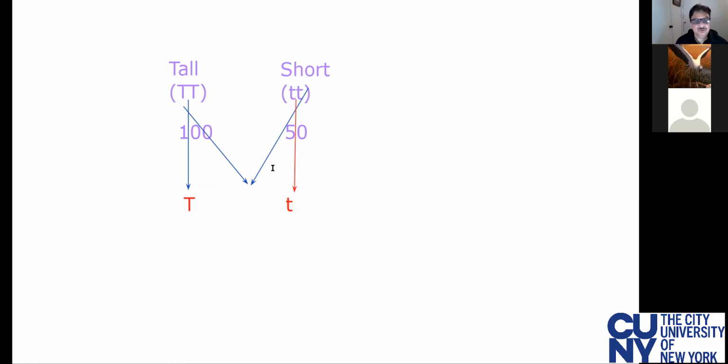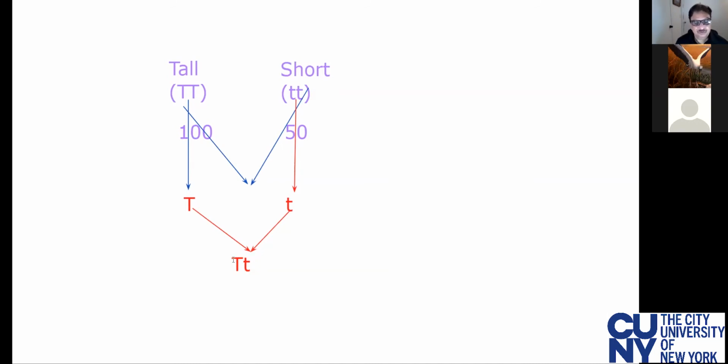Now when these two gametes, the pollen grain and the ovary, cross, it will give rise to a plant with the genotype big T and small t, right? So the tall and short plants underwent meiosis to give rise to gametes. These are haploid, with half the number of chromosomes, and they form Tt.